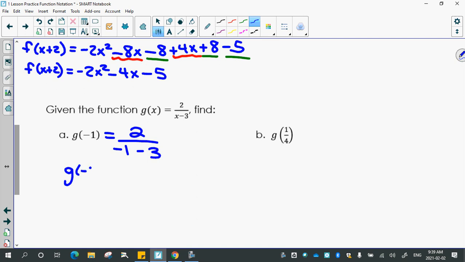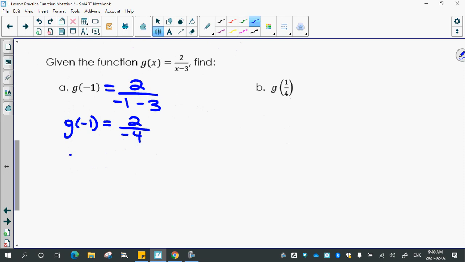So g at -1. So when you have a fraction, before you divide, you want to simplify the denominator. So -1 minus 3 is -4. And then that's a fraction. I just see if I can reduce it to lowest terms.